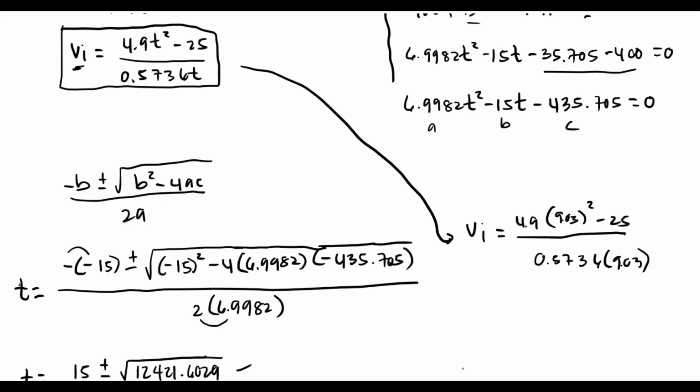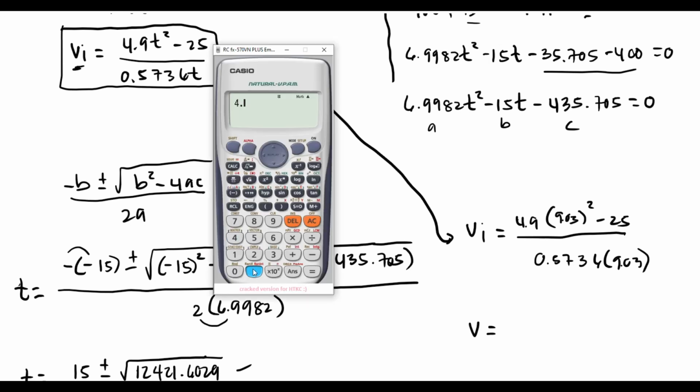So we have now the velocity equals 4.9 times 9.03 to the power 2, minus 25.